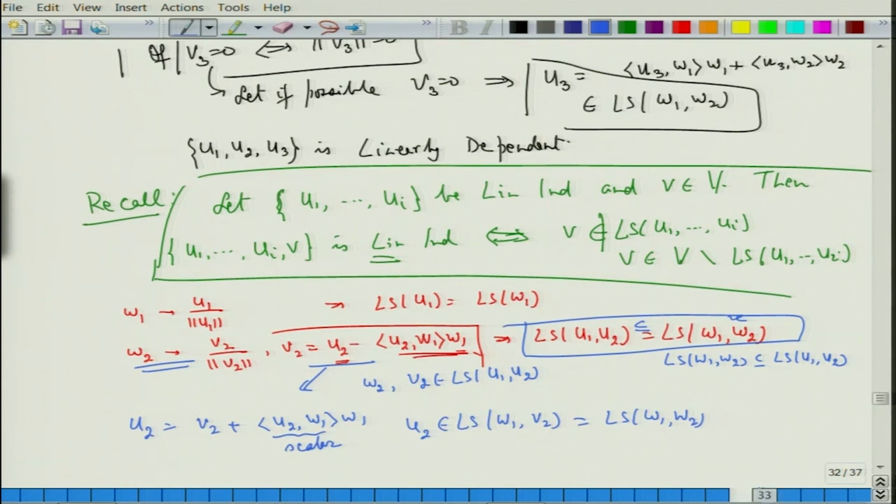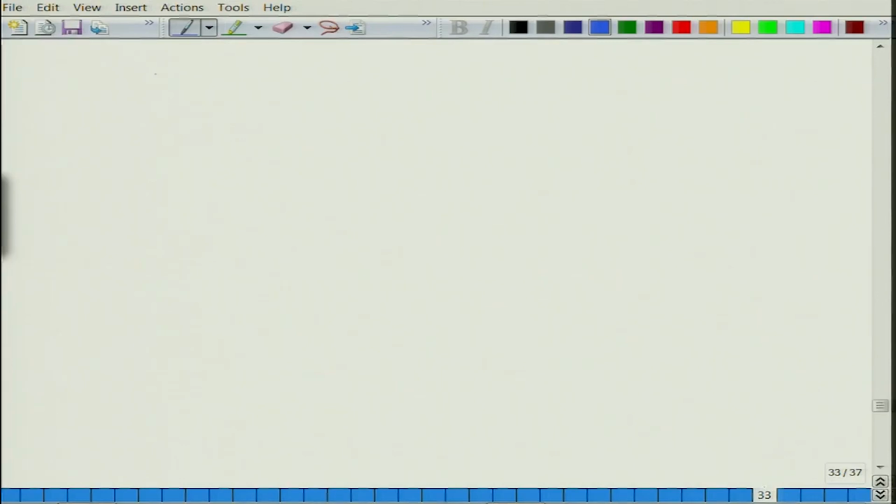So what we have done here is, I am going from u1 to w1, the linear span of u1 is the same as the linear span of w1. u2 gives rise to v2, which gives rise to w2. I get LS of u1, u2 equal to LS of w1, w2.